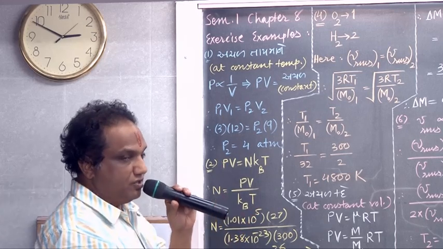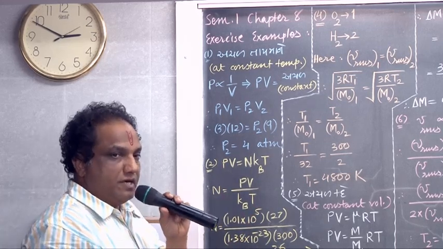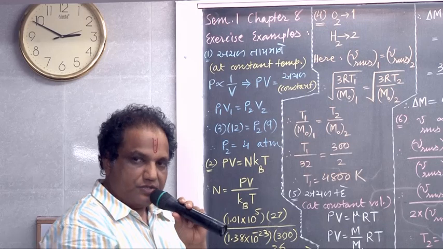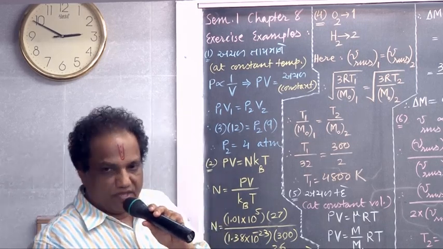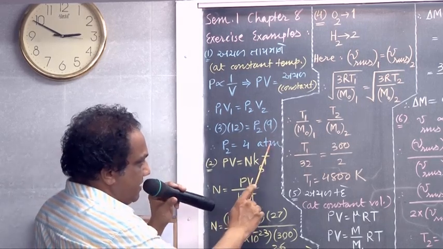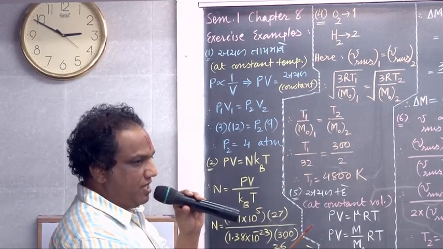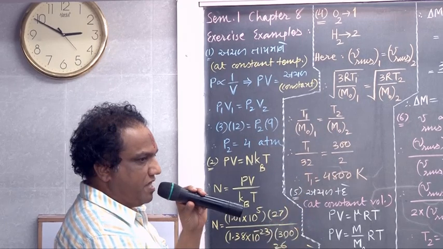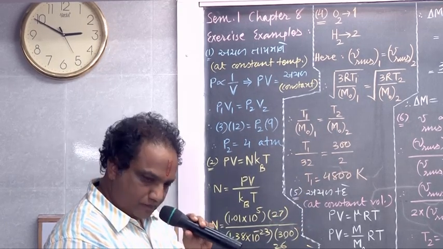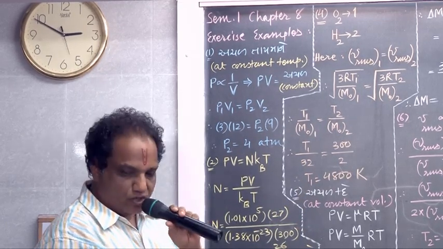Suppose you are asked to find this pressure in dyne upon centimeter square. Then first of all, you should convert atmosphere into Newton upon meter square. 1 atmosphere is how many Newton upon meter square? 1.01 into 10 raised to 5 Newton upon meter square, also called Pascal.